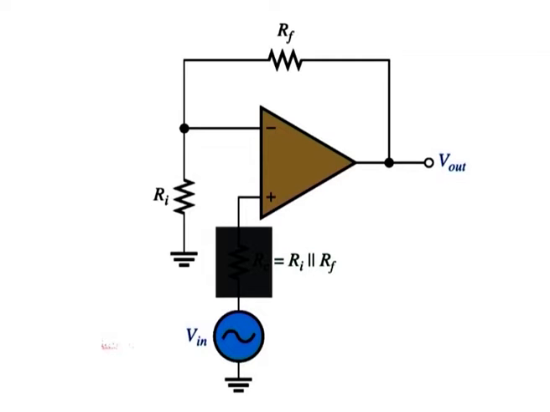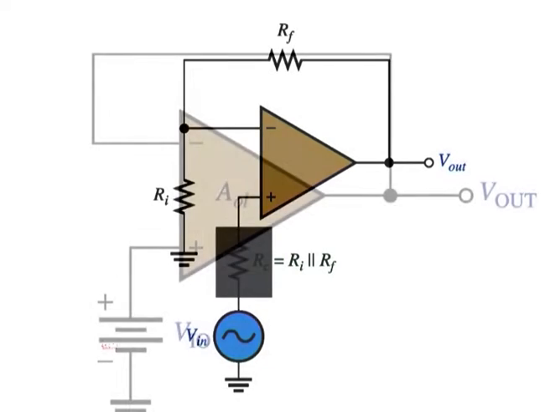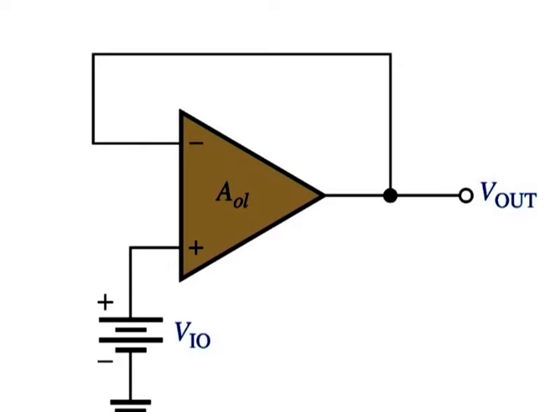The input current creates a voltage drop across Rc that offsets the voltage across the combination of Ri and Rf, thus sufficiently reducing the output error voltage. The inverting amplifier is similarly compensated as shown in this figure.